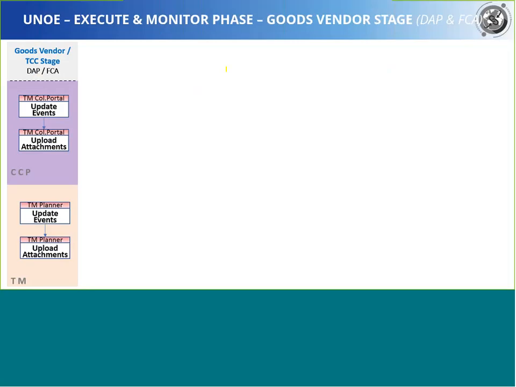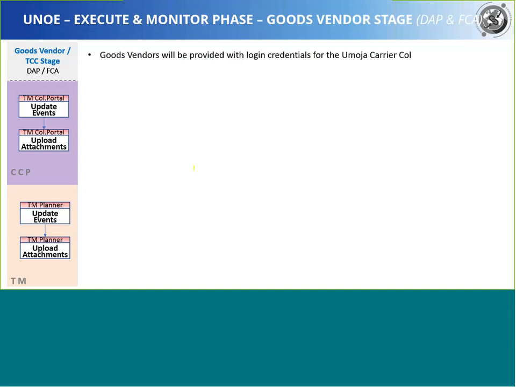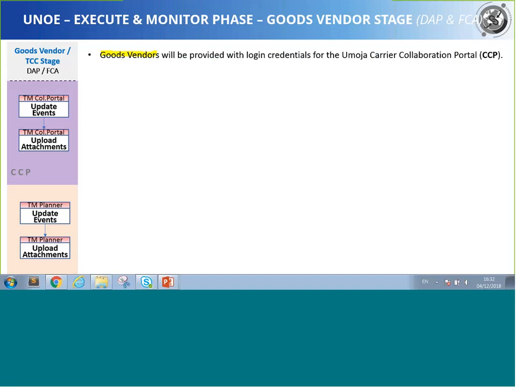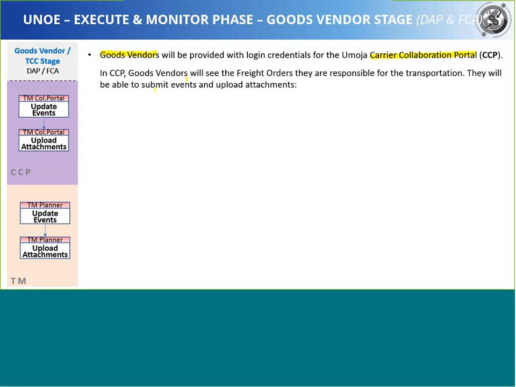Okay. So as we said, for the goods vendor stage, the external partner will be provided credentials to log in to the carrier collaboration portal, what we call the CCP. This is the portal for external partners. Goods vendor will only see their freight orders, right?